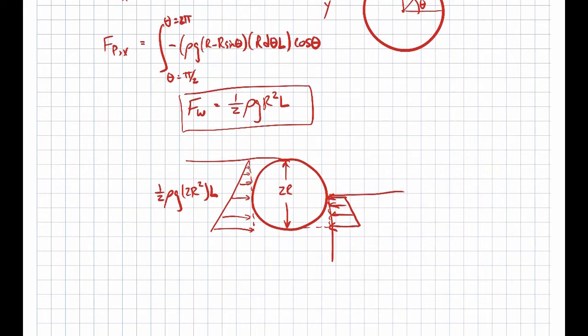So it starts off at a pressure of rho g times r, and the pressure at the bottom will be rho g times 2r. Okay, so you have to be careful of that. So we have a pressure force acting on the right-hand side as well that's pushing back to the other side.